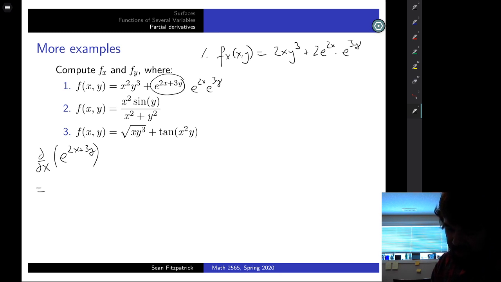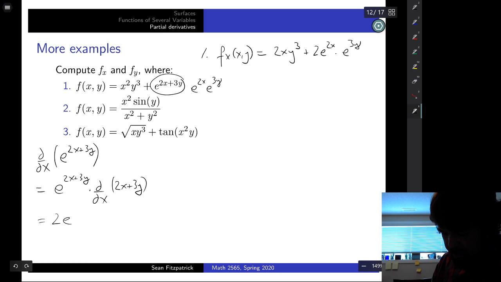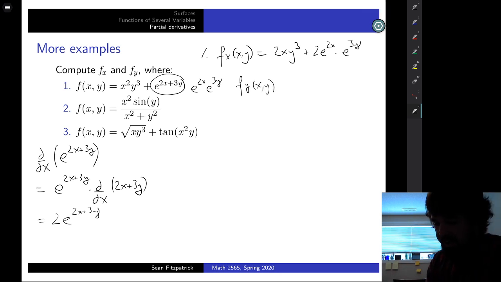So I can say, well, that is going to be e to the 2x plus 3y, but then I have to multiply by the partial derivative of 2x plus 3y, and I'm doing partial with respect to x, so the x derivative gives me 2. So I can do it like that as well, right? Once you've practiced this, you'll be able to do this just as easily as you do it for regular derivatives.